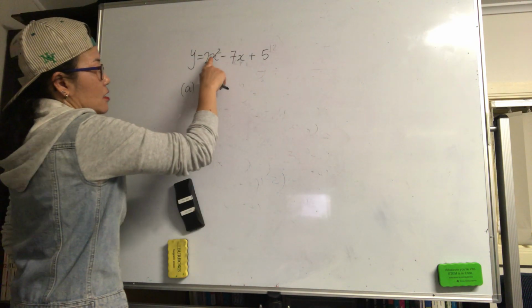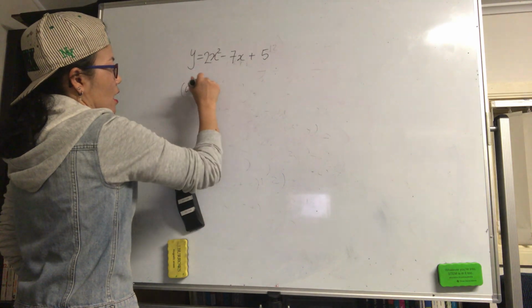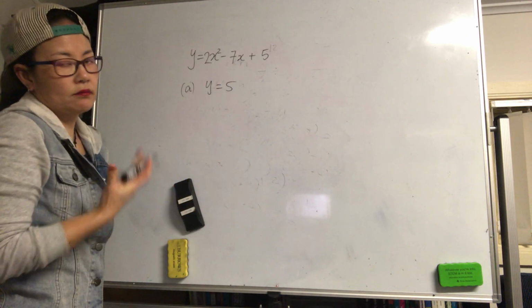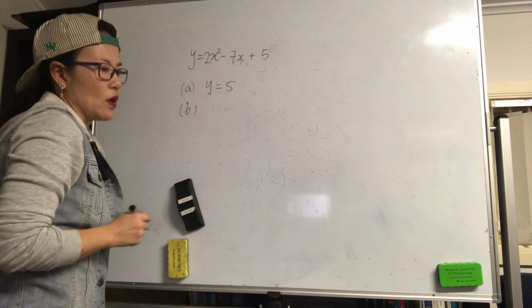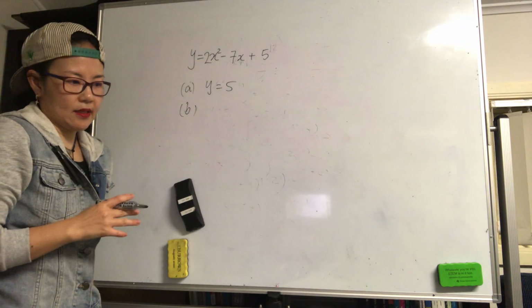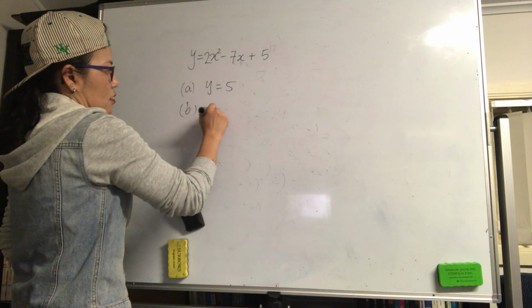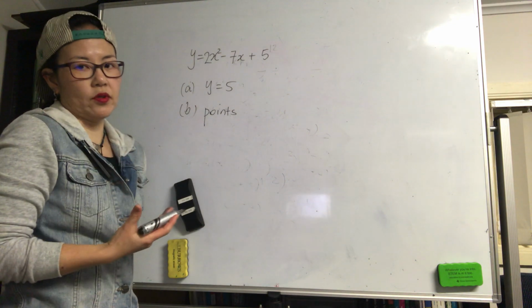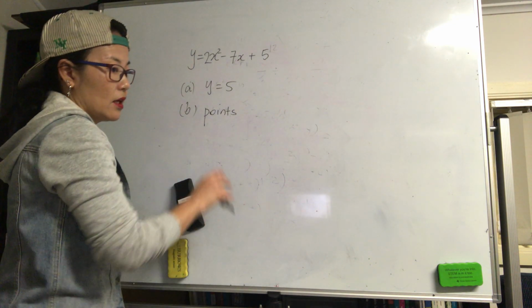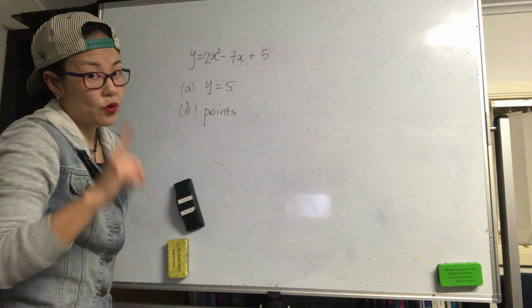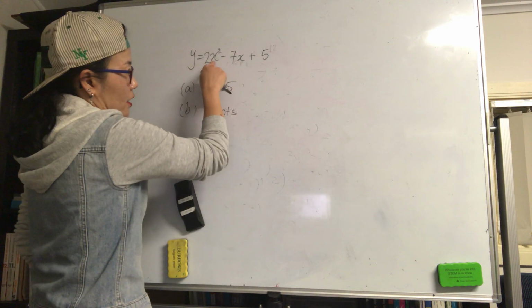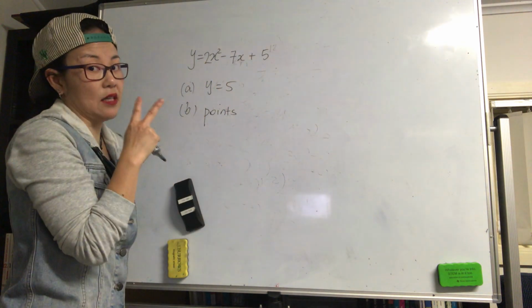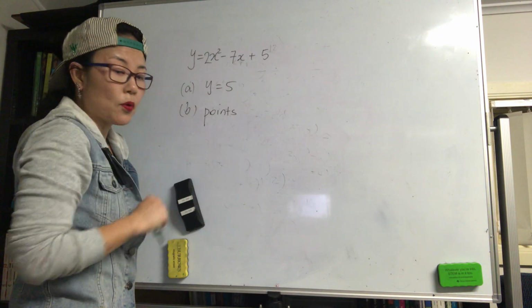So when I put x equals 0 here, I will get y equals 5. Easy. Next one. It says give the points. Oh, it didn't say just the values. Points means what? An x coordinate and a y coordinate. You have to have x values and y values. Points, it's more than one because you will get 2 x values. That means you're going to get 2 points.